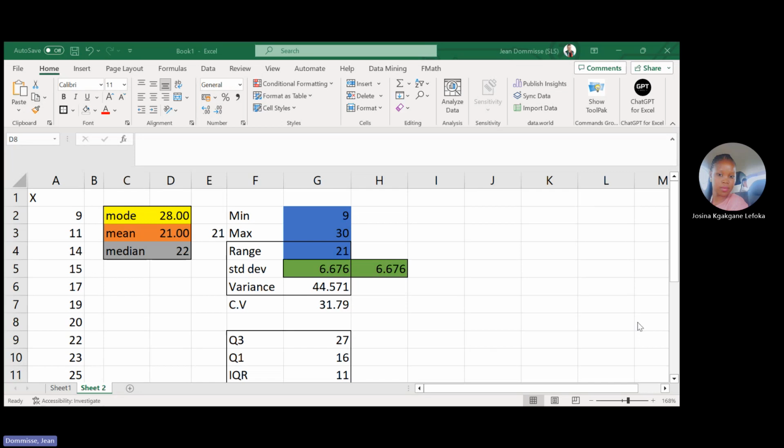Is there anything else that I'm missing for that one, or is it only this that you need to do? Yes, because it's covering only 2 chapters. Okay, so it's measures of centricity and measures of dispersion. Yes. Okay, cool. So that's what we have covered.